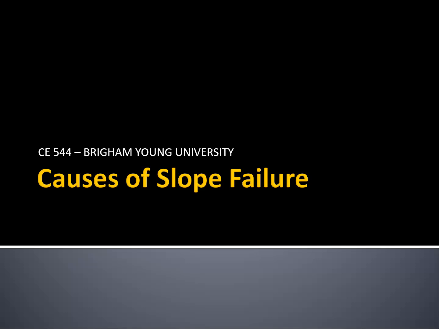In this sequence of videos, we are going to introduce slope failure. And for the rest of the semester, we are going to be talking about slope stability analysis. And so we're going to start out by just talking about what are the basics of a landslide, of a slope failure.